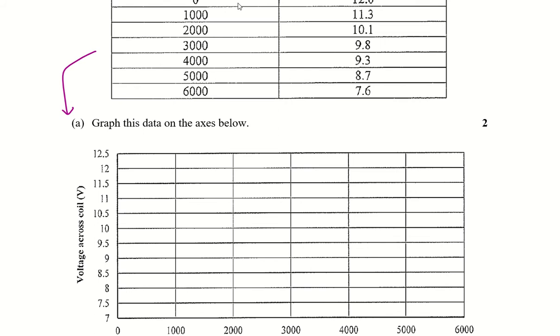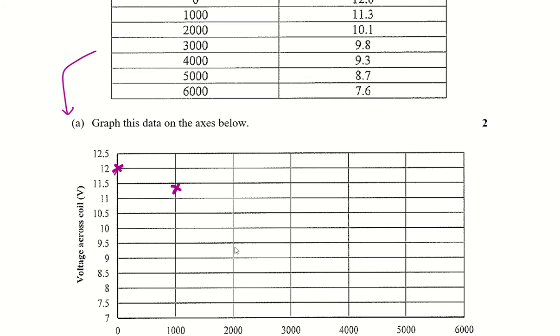So let's start. At 0, we are at 12. Might even try and use a slightly thicker pen. So here we go. At 1000, we're about 11.3, so around about this point here.